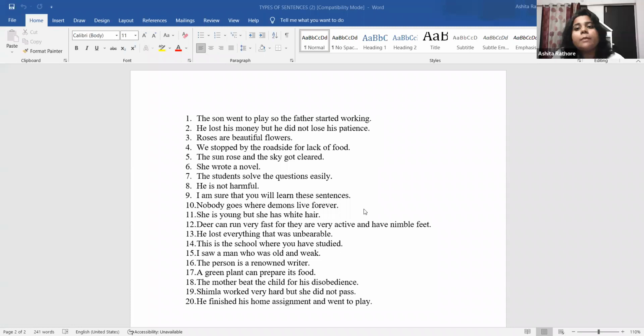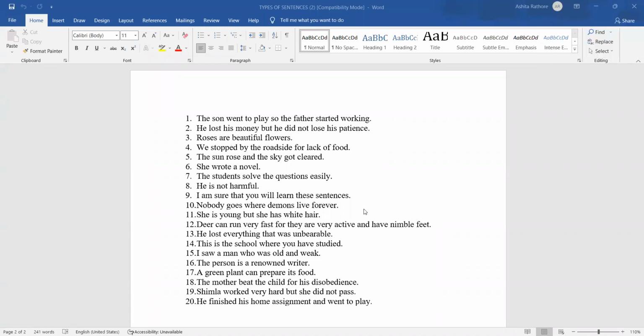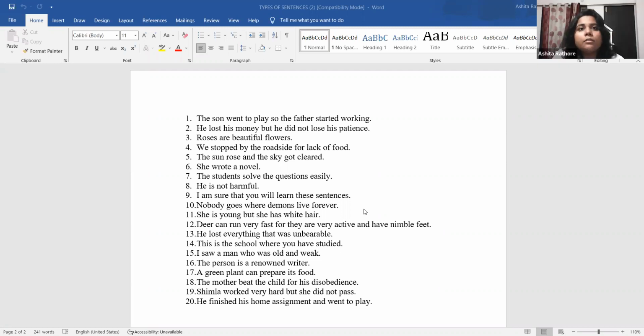If you people attended the classes of non-finites, we were talking about non-finites. Non-finite verbs are those which do not require an object to make sense. But then there are sentences like that. For example, if I say birds fly, that sentence in itself is making sense.